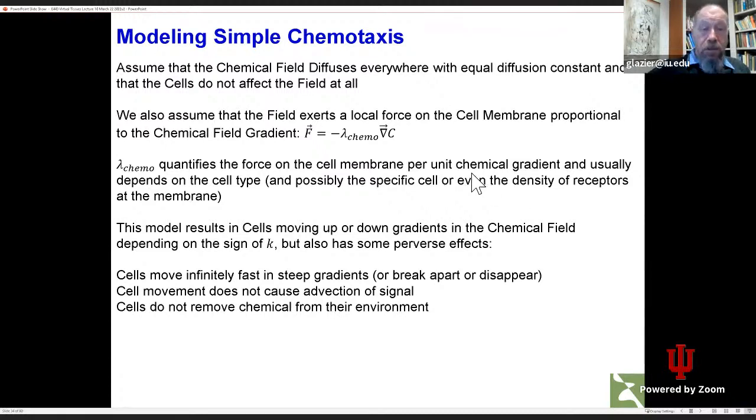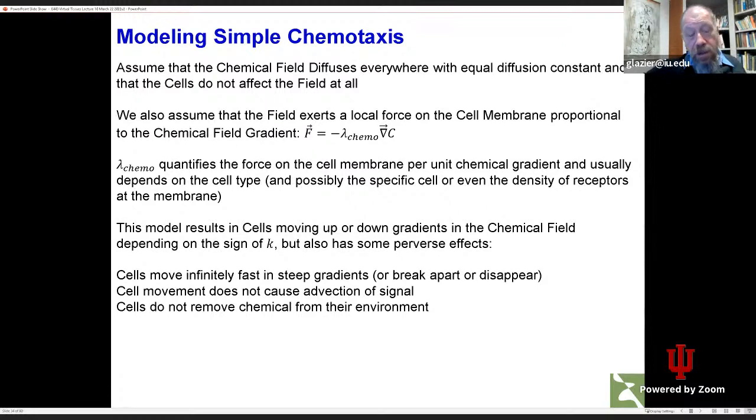This kind of very simple chemical response model has some advantages. It's straightforward. Cells move up or down gradients depending on the sign of the lambda chemo. It does have some perverse effects. In reality, when cells are in a chemical gradient, if the gradient's too small, they don't move.